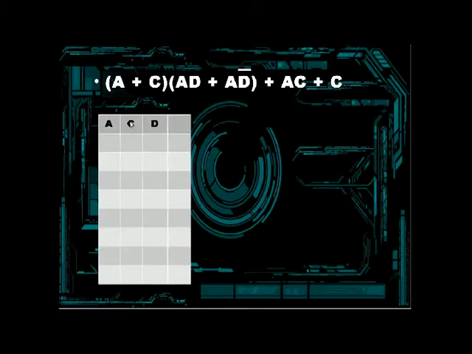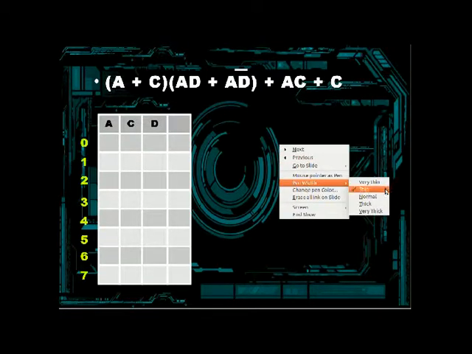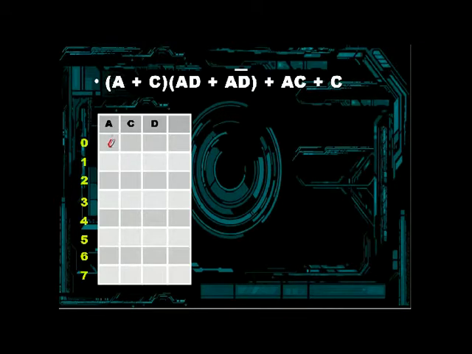And here's A, C, D. And now what do I start? I mark them as 0, 1, 2, 3, 4. And what are those gonna be? Those are gonna be the binary values. 0 is the binary value of 0 using 3 variables. That's the binary value for 1.